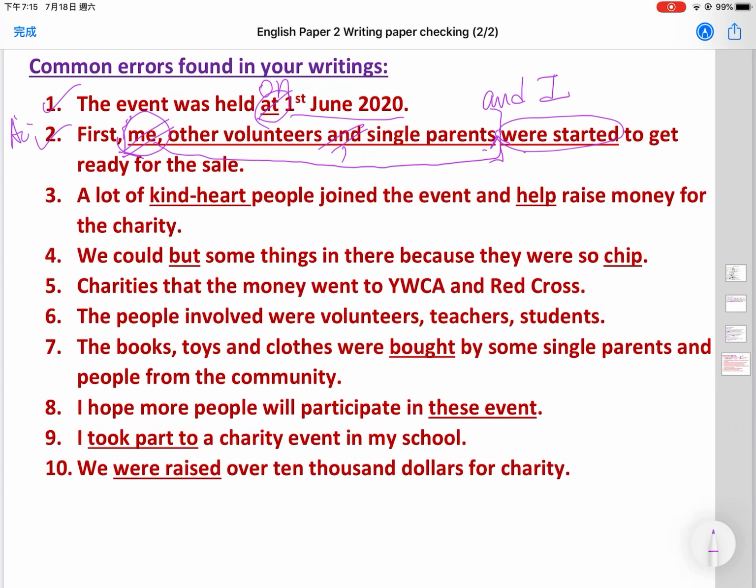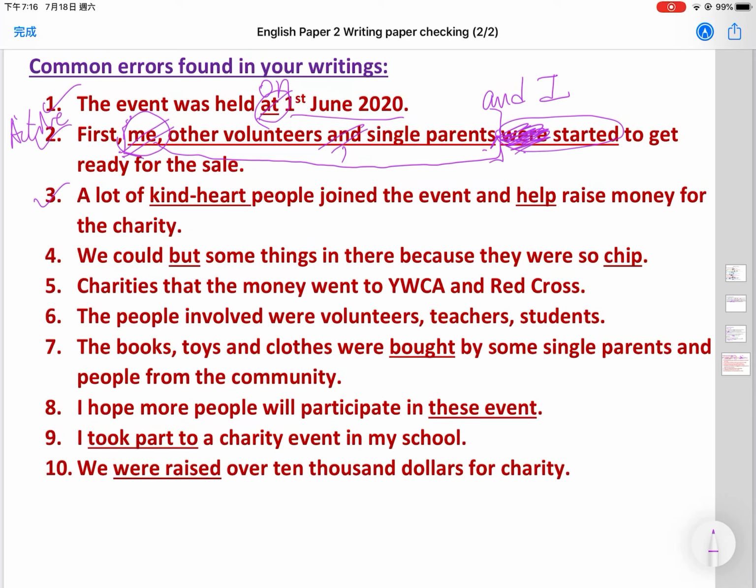So I think this sentence should be in active voice, so no passive voice verb should be included. Okay, so you should say something like that. First, other volunteers, single parents, and I started to get ready for the sale. That makes much more sense.